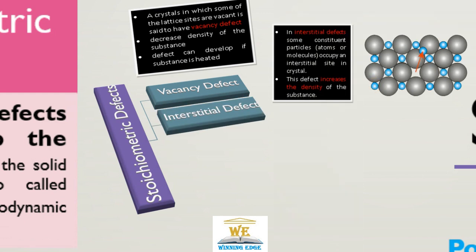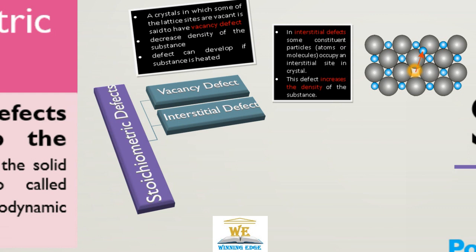Interstitial defect. In an interstitial defect, some of the constituent particles, atoms or molecules, occupy an interstitial space in the crystal arrangement of the 3D Bravais lattice. We have a regular arrangement of larger and smaller atoms or molecules.